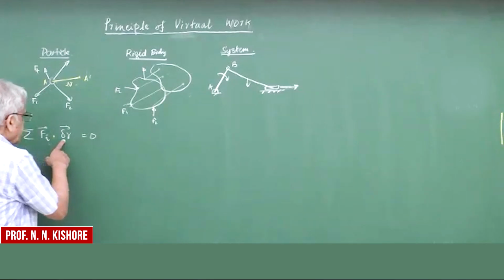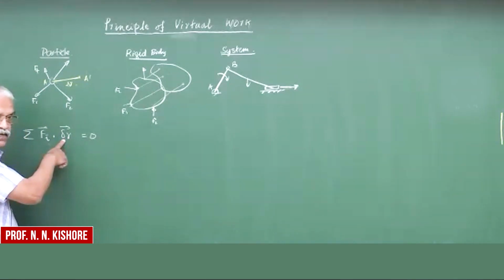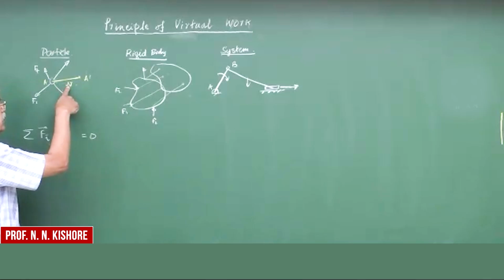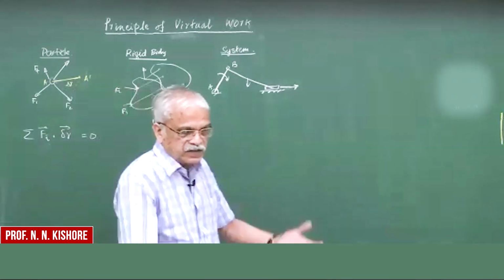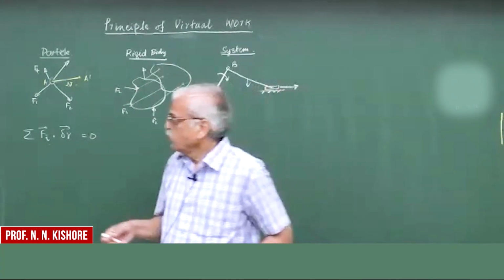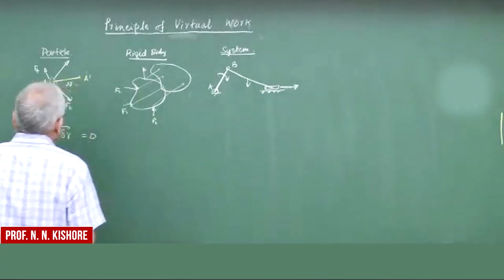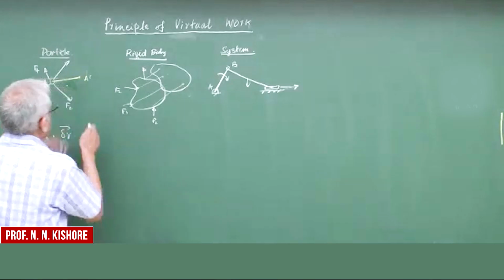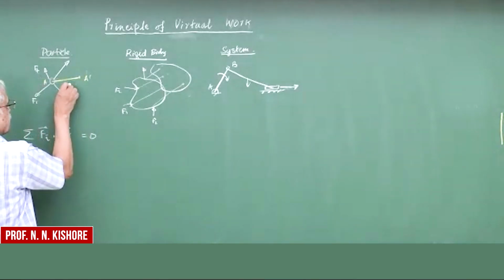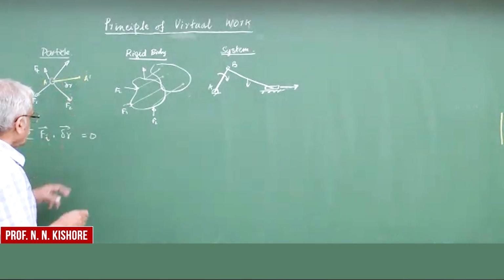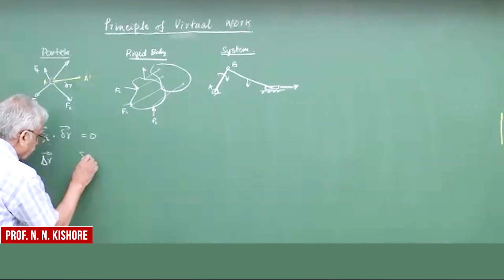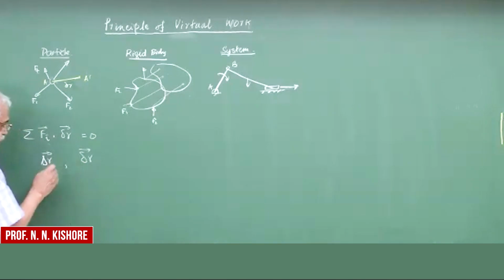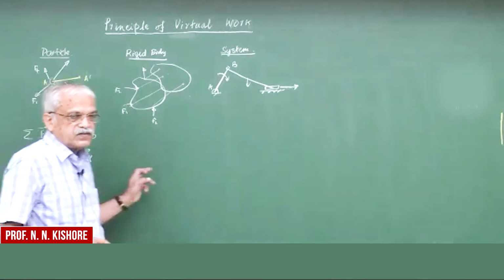Usually we use the symbol delta R for virtual displacement, whereas this delta R is for the actual displacement. If the body is actually moving, then we use this delta R. The difference between this delta R and the virtual displacement is that this delta R is unique.